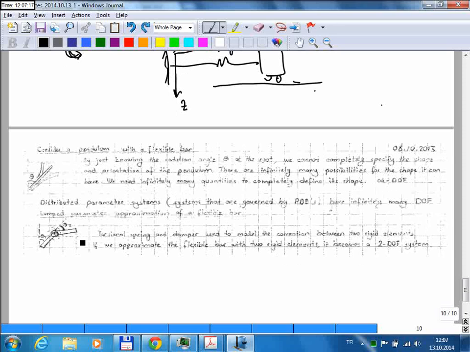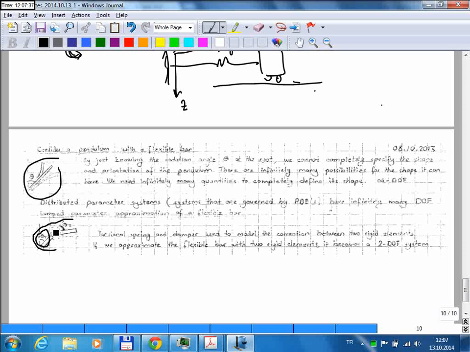And this time, you can describe the entire motion by 2 variables, and these are the 2 coordinates, theta 1 and theta 2. Okay, so now you approximated the actual flexible bar with a bar that is composed of 2 rigid bars.